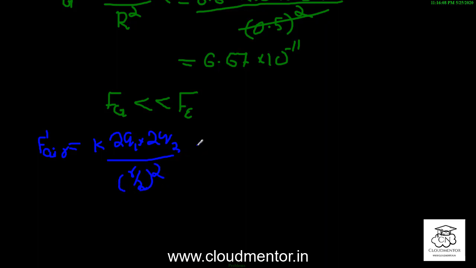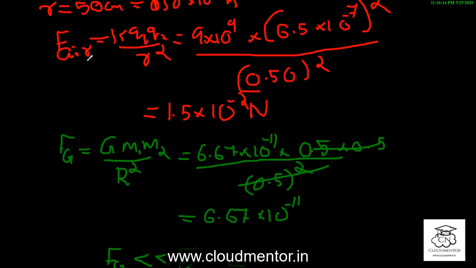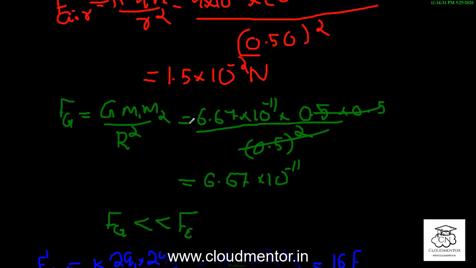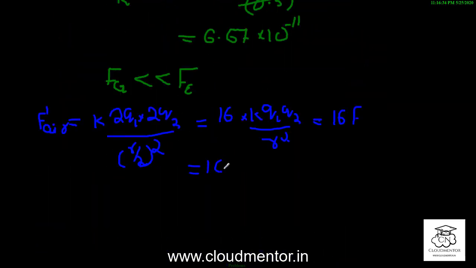So that comes out to be 16 times the first force, that is 16 multiplied by k into q1 q2 divided by r square. This is simply 16F, and we have got the value of F here, that is 16 multiplied by 1.5 into 10 raised to minus 2, and that will be equal to 0.24 Newton.